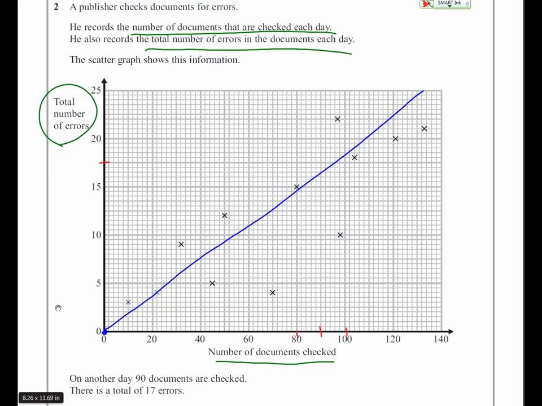So it's 16, 17, 18, 19, 20. So 2 of these is going up. 1, 16, 17. So let's draw it across and from 90. Okay, so it fits in with my idea pretty well there.